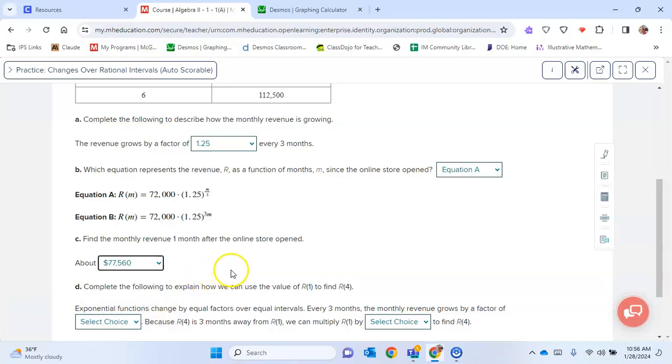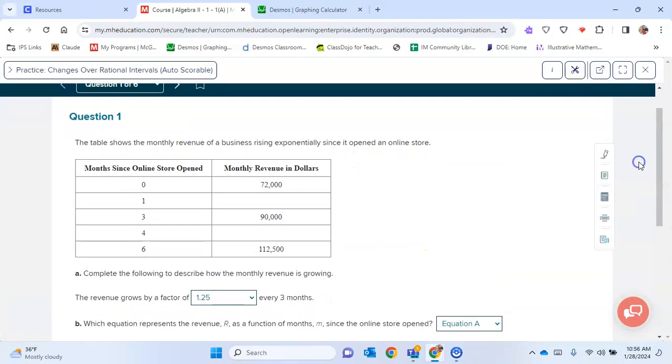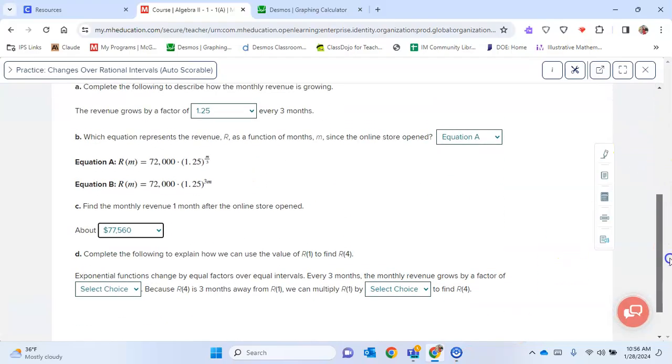Complete the following to explain how we can use the value of R1 to find R4. An exponential function changes by equal factors over equal intervals. Every 3 months, the monthly revenue grows by a factor of 1.25. Because R4 is 3 months away from R1, we can multiply R1 by 1.25.